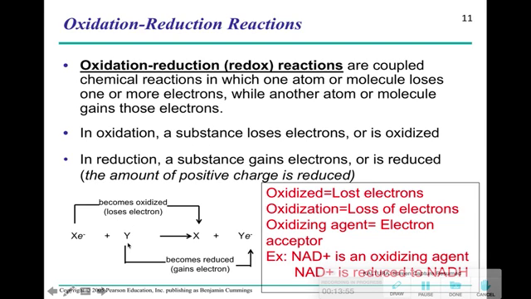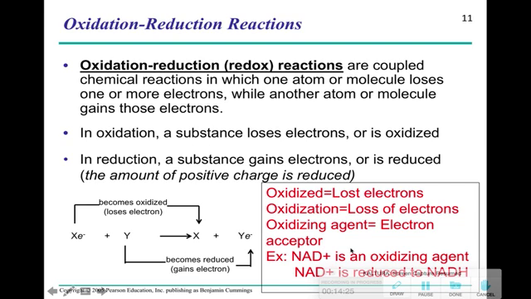And electrons are finally gained by oxygen, so oxygen is reduced. Food molecules become oxidized because they lose electrons, whereas oxygen is going to gain electrons finally and become water. So oxygen undergoes reduction.